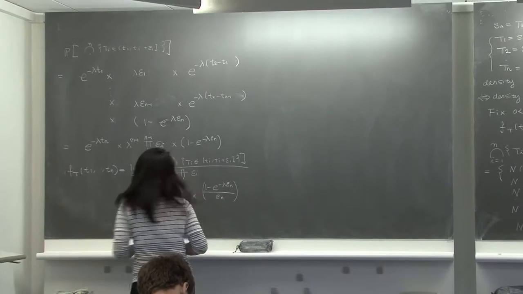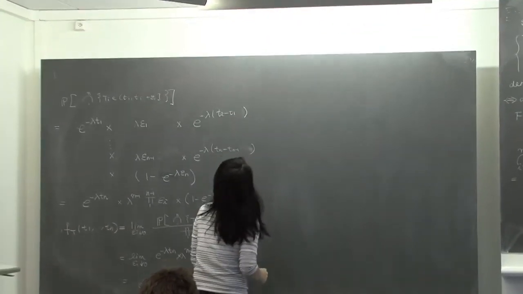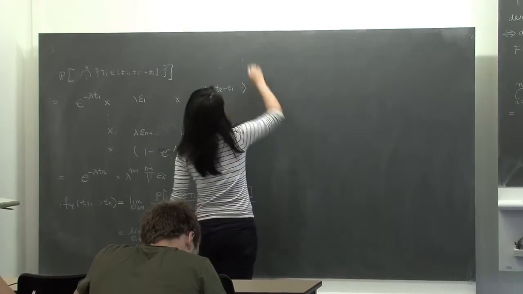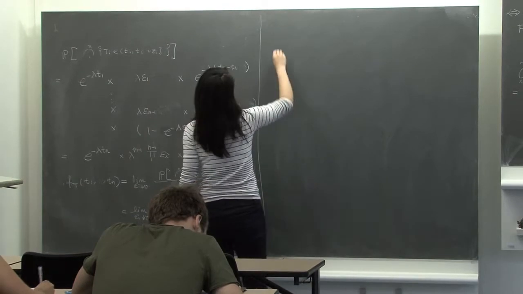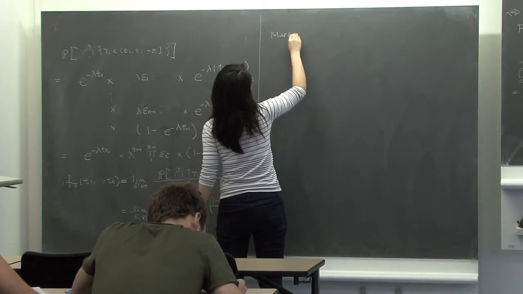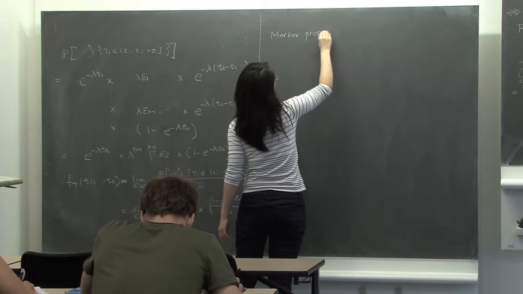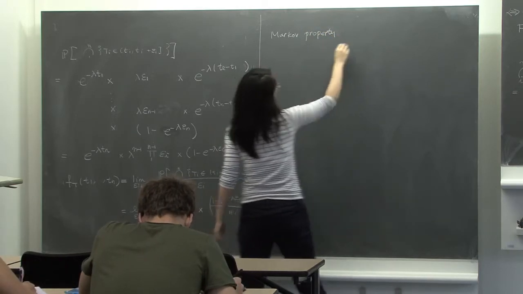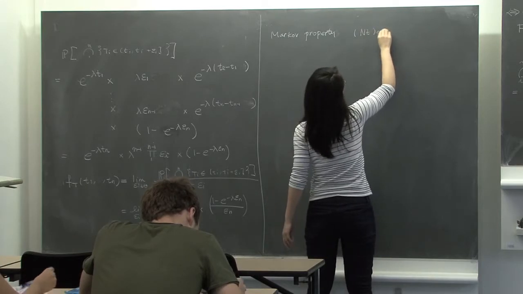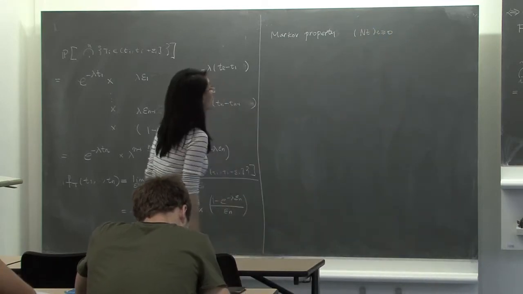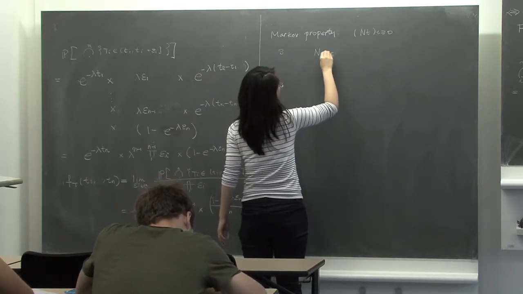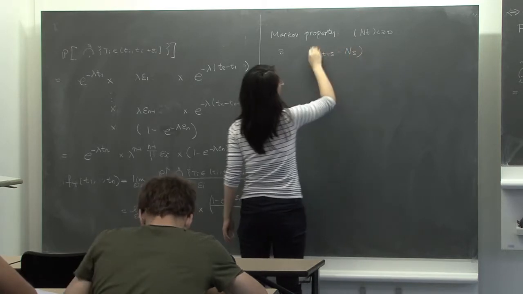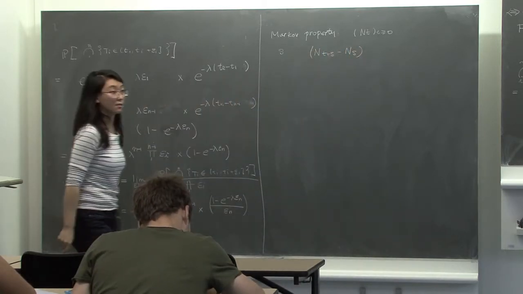The second property is called the Markov property. The Markov property says, suppose this Nt is a Poisson process. For any fixed time s, we consider the process Nt plus s minus Ns.